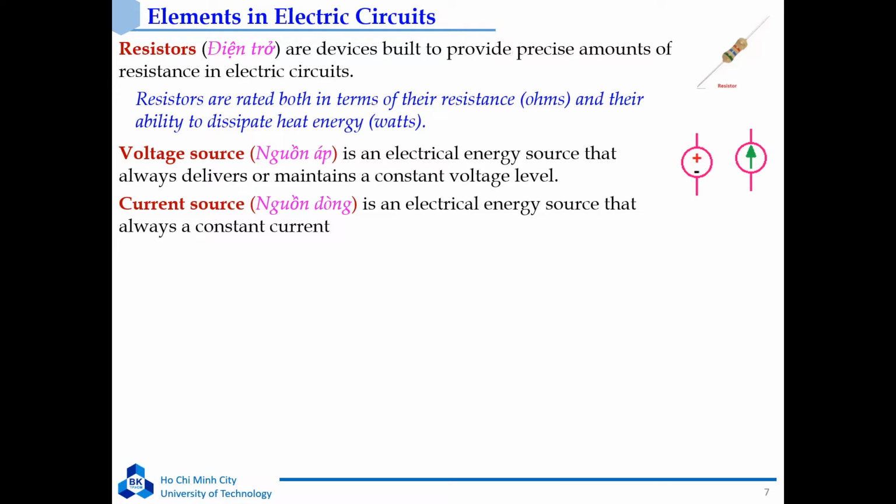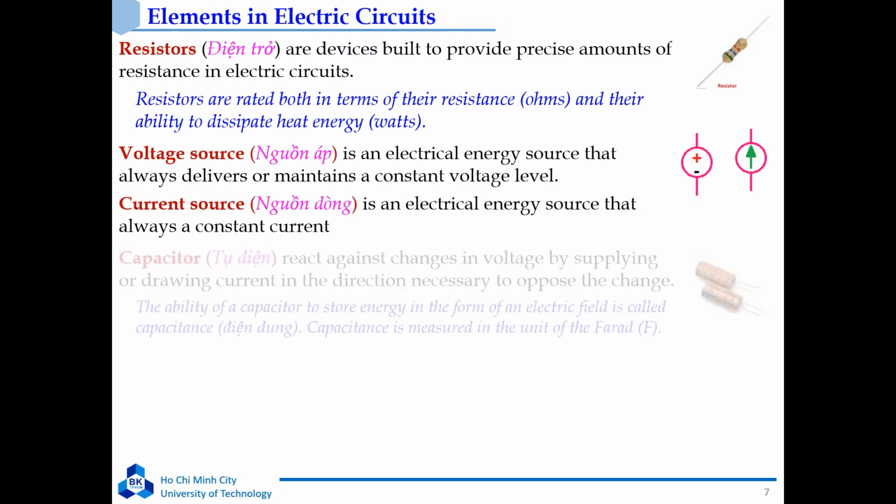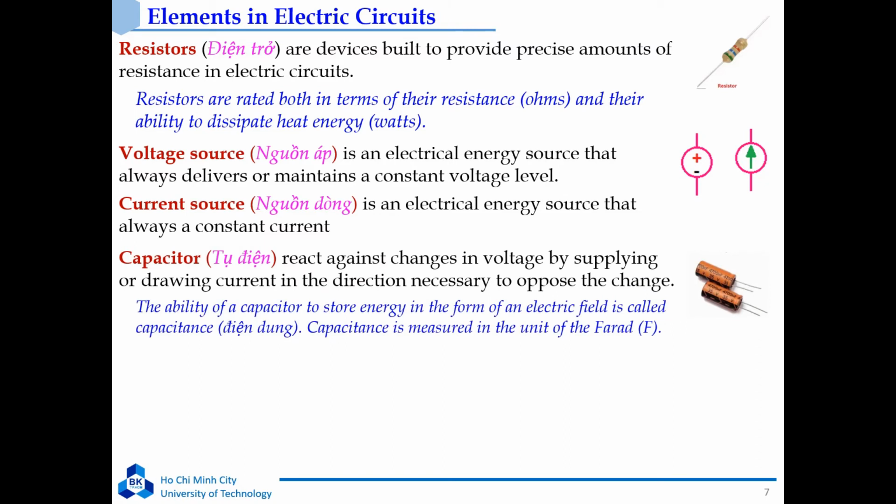Besides the resistor and source, we have the capacitor and inductor. The capacitor reacts against change in the voltage by supplying or drawing current in the direction necessary to oppose the change. The ability of a capacitor to store energy in the form of an electric field is called capacitance.